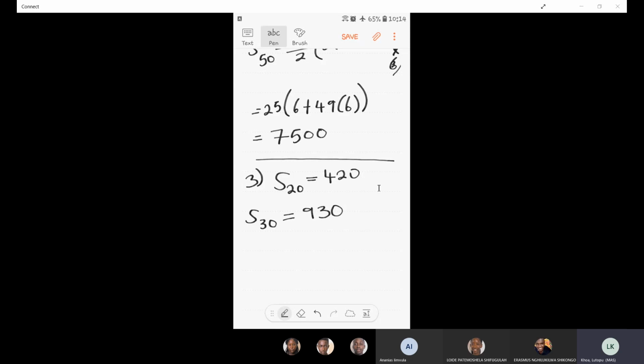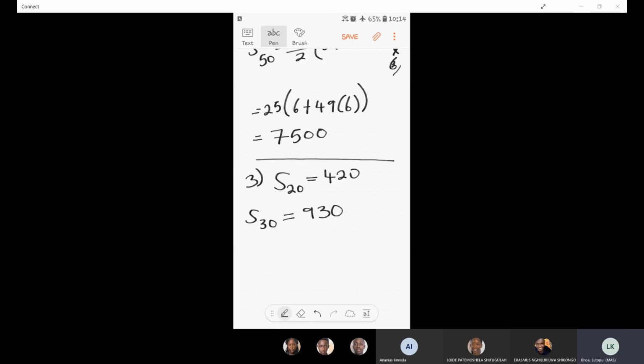It doesn't say the sum of the next 30, it says of the first 30, and the first 30 includes the first 20. So we're told that S20 is 420, S30 is 930. Then what we are asked to find is the first term and the common difference. That is what we need to work out.